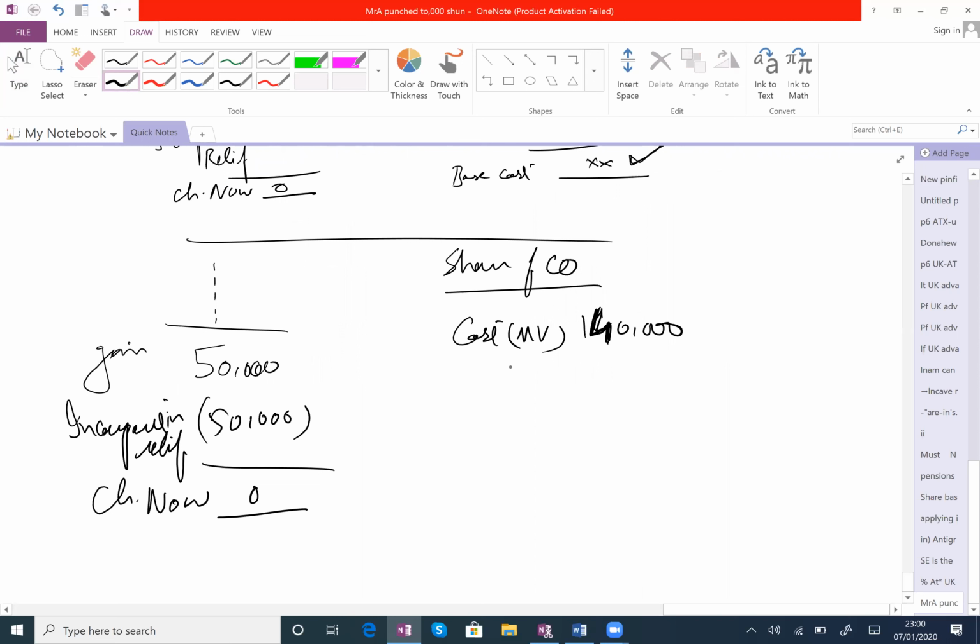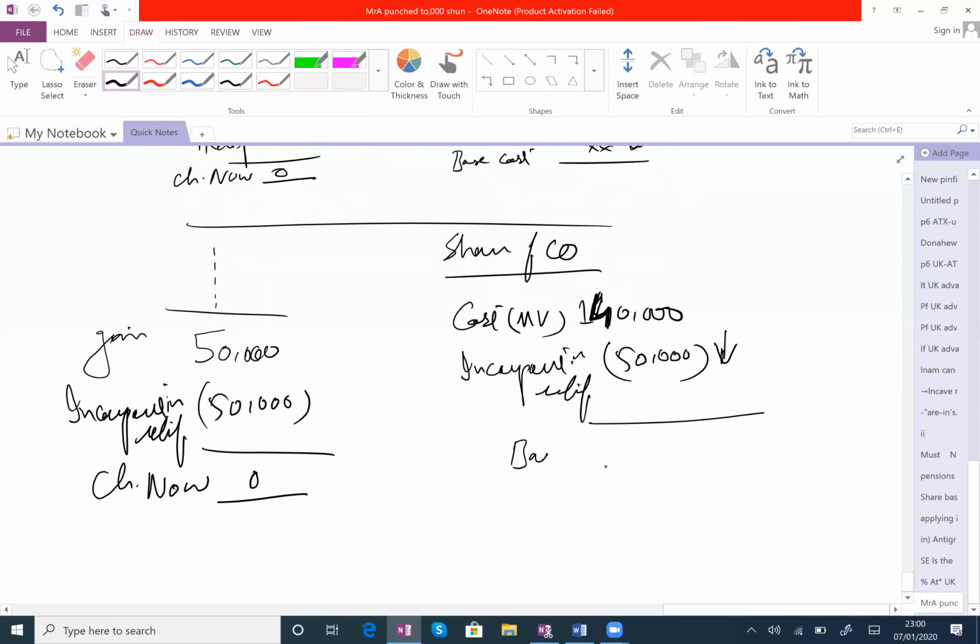If today I decrease the cost of shares by the incorporation relief, the deferred gain of 50,000, future gain will be increased or not? Increase. So what is the base cost of shares now? 90,000. Whenever I sell these shares in future, I will use this base cost. Clear? So whenever you later dispose of these shares in future, you will use this base cost.